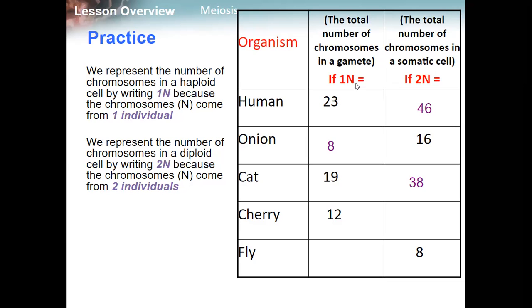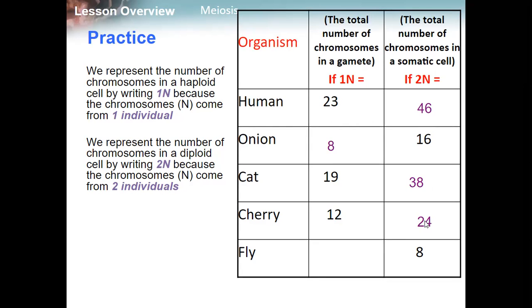Cherries have 12 chromosomes in their gametes or their sex cells. So how many chromosomes are in their body cells? You can think of their body cells as their stem, things like that, anything that makes part of the body of the cherry. So 2N will be 24.